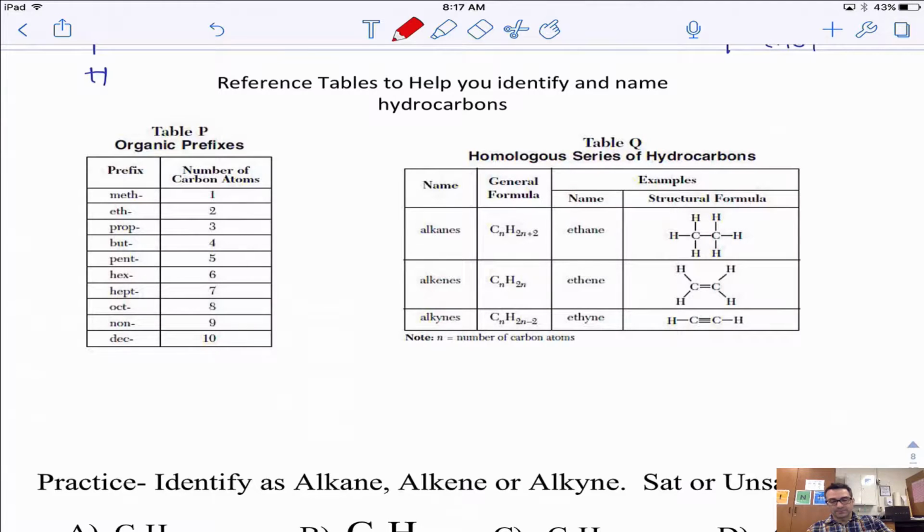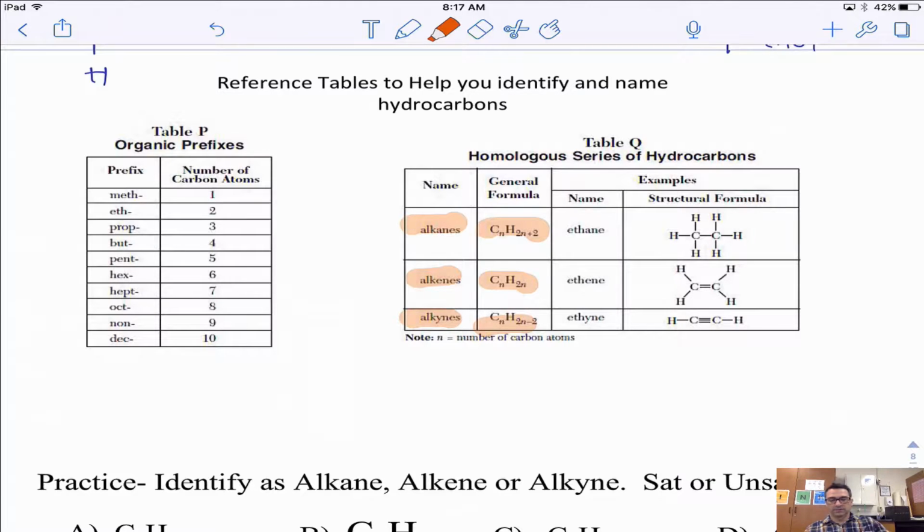Remember, there are three types of hydrocarbons that you are responsible for naming: alkanes, alkenes, and alkynes, and they have a general formula depending on their homologous series. Alkanes 2n plus 2 for the hydrogens, alkenes 2n, alkynes 2n minus 2.